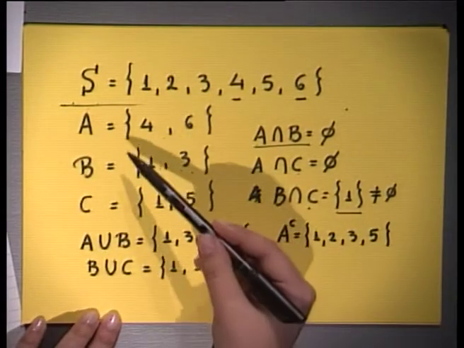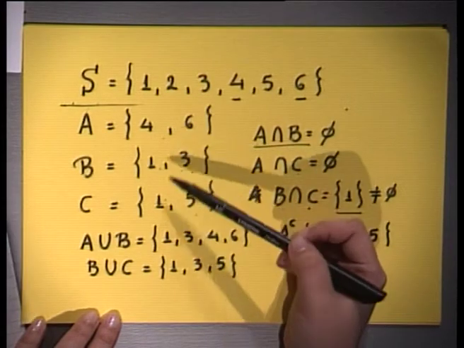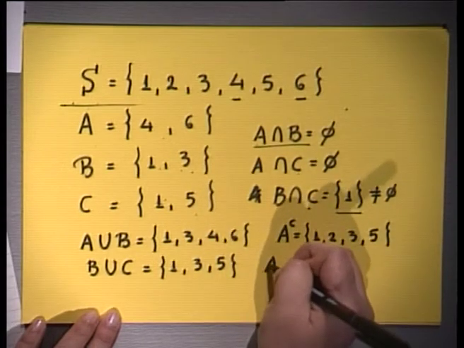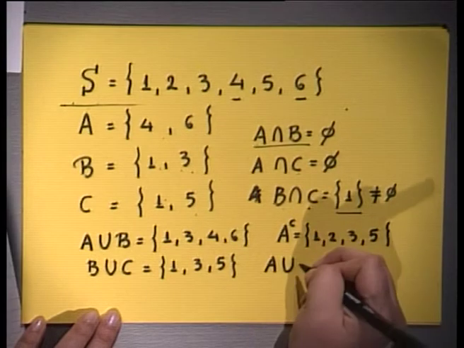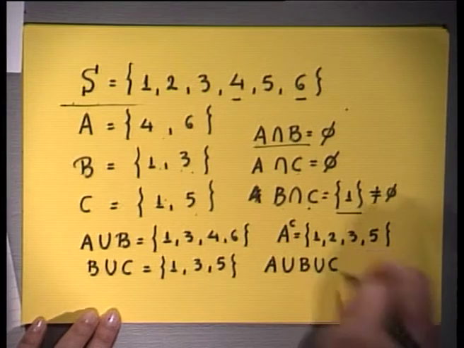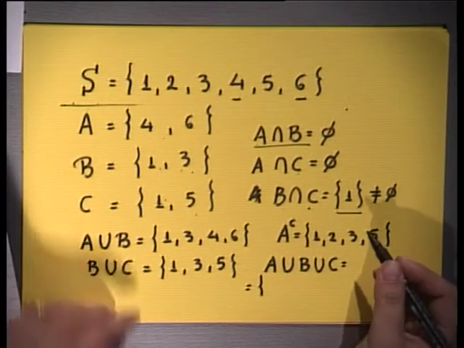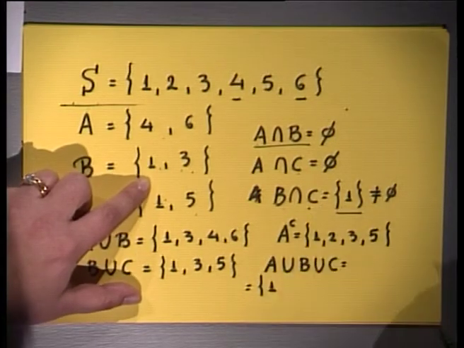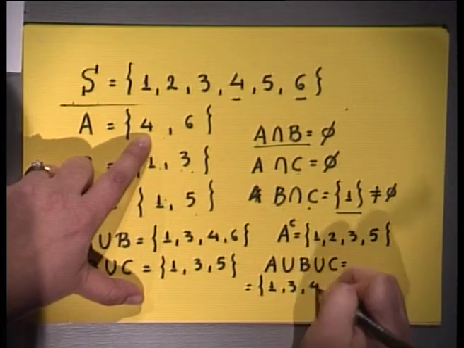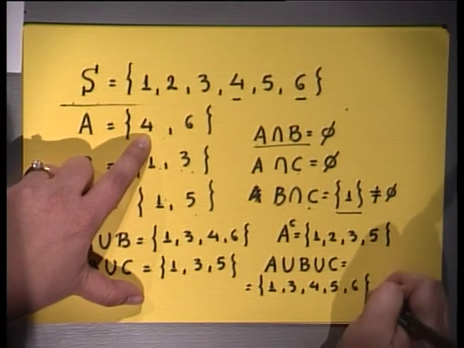Now, are events A, B, and C collectively exhaustive? They are not, because if we write their union, we see that we have element 1, element 3, 4, 5, and 6.